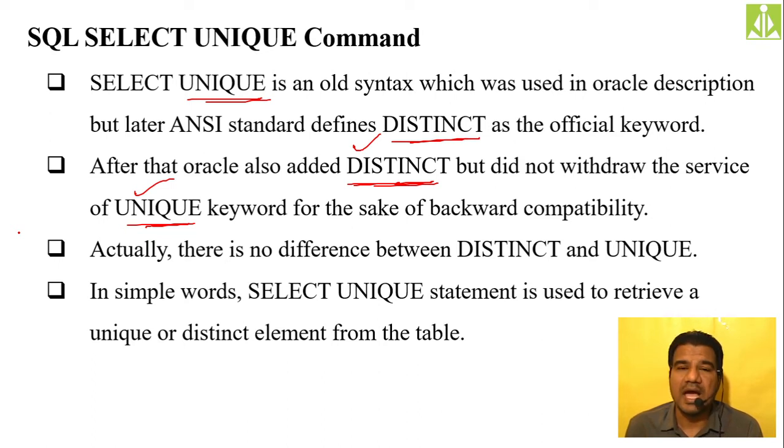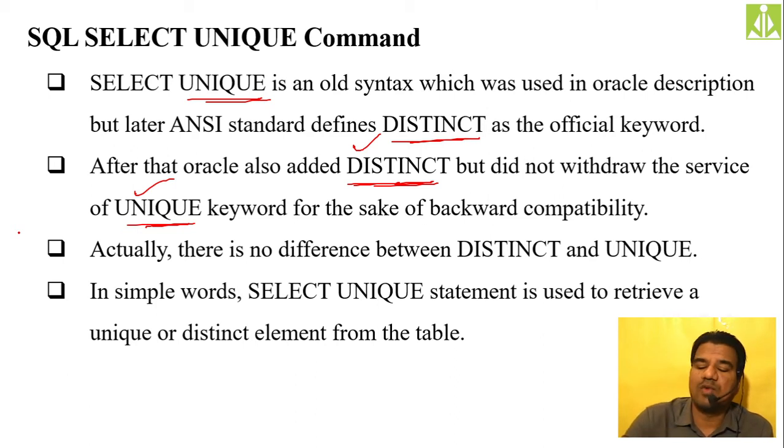But later the ANSI people redefined that same logic, or that same feature, with a different keyword, and they named it distinct. Then after ANSI's redefinition, Oracle people also accepted that one, and this distinct will also work in Oracle, but they have not removed the older definition. So in Oracle, both the definitions will work. Distinct will also work, unique will also work.